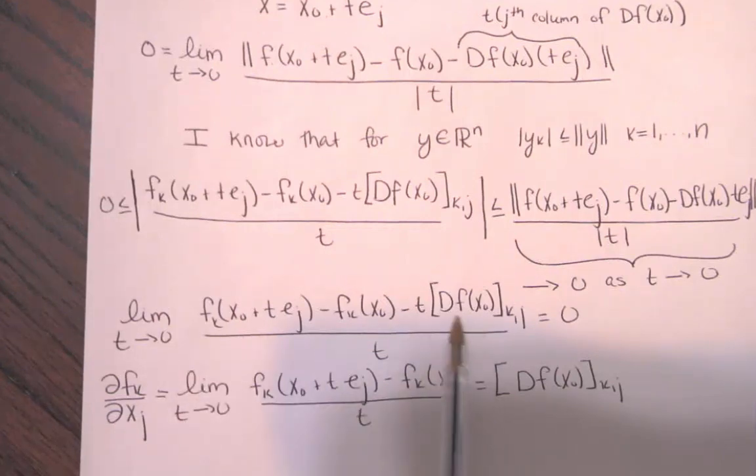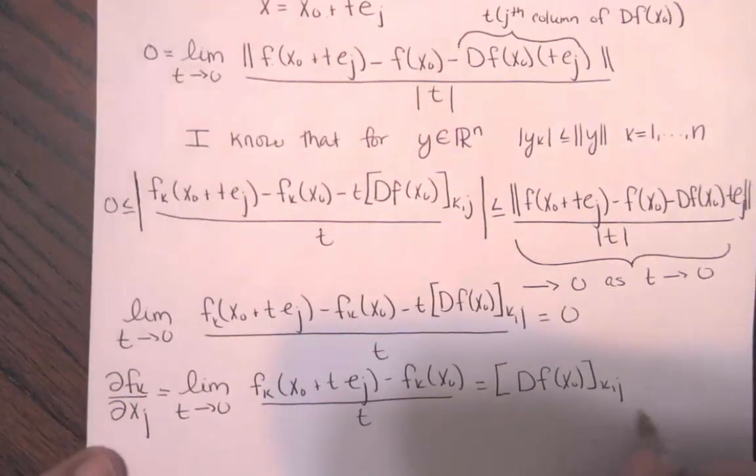And because this converges to 0, I can take this term and add it to the other side. When I do, these t's would cancel. And I get that this limit, which is exactly the definition of the partial derivative of fk with respect to xj, is equal to the kj entry of my derivative matrix, which is precisely what we wanted to show.